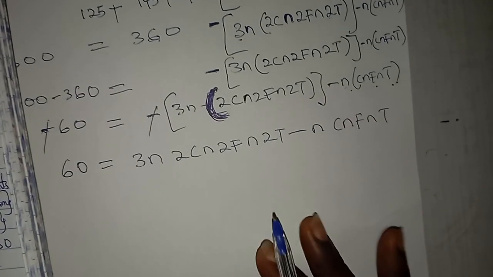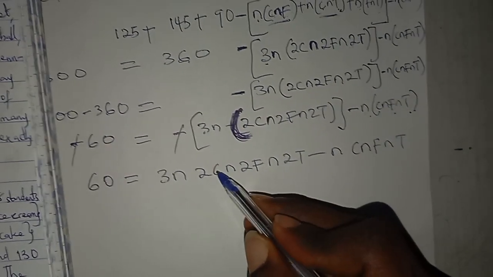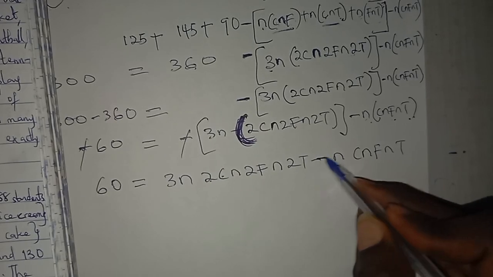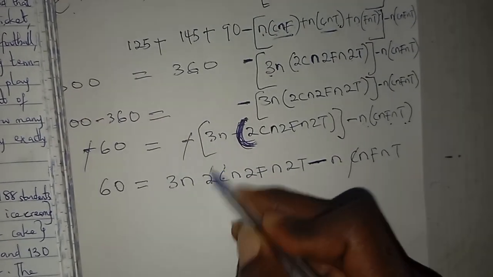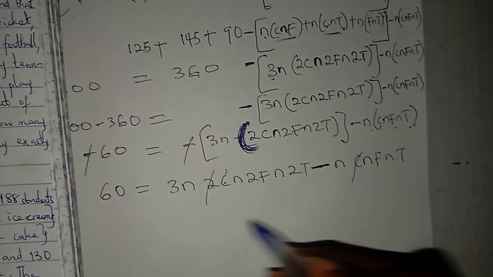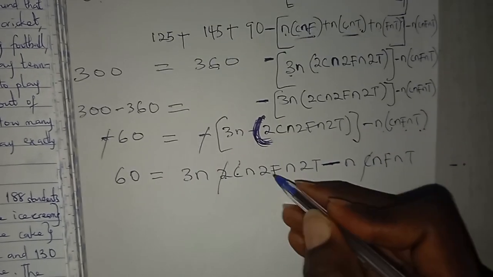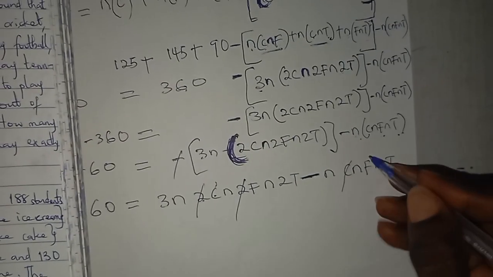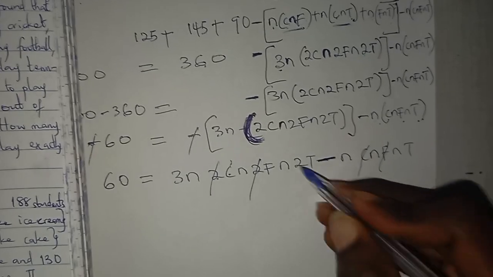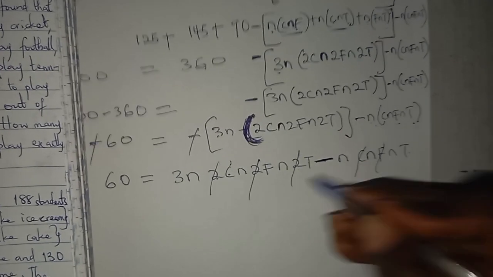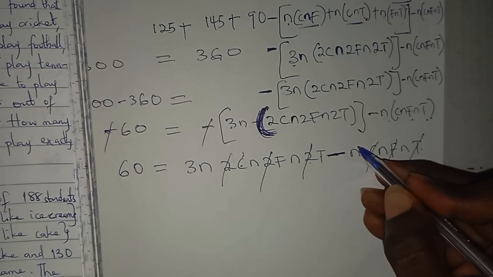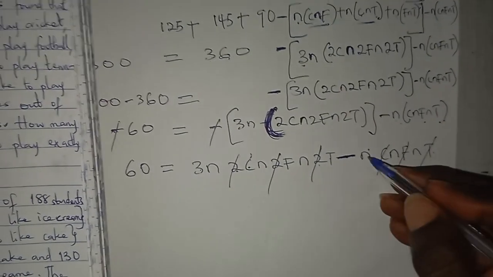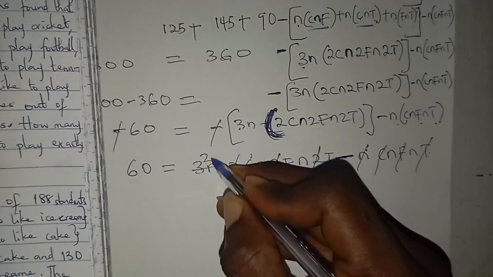So notice that I have c here too. I have one c. This is a minus sign, so this can take care of this, so that I have just one c. I have f here and I have f here. This can take care of this. And I have t and 2t here. This can take care of this. Then I have n here and I have 3n here. This can take care of this so that I have 2n.